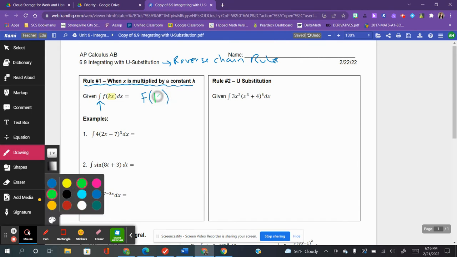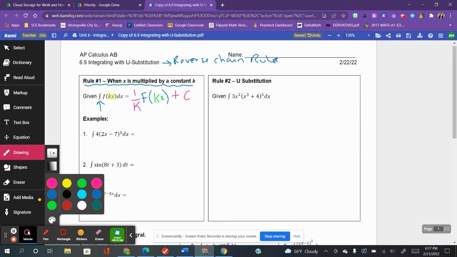Okay, so kx. And then instead of multiplying by the derivative of the inside, we are going to divide by the derivative of the inside. And dividing by the derivative of the inside is the same as multiplying by 1 over the derivative of the inside. And then don't forget, since these are indefinite integrals, I have a plus c.